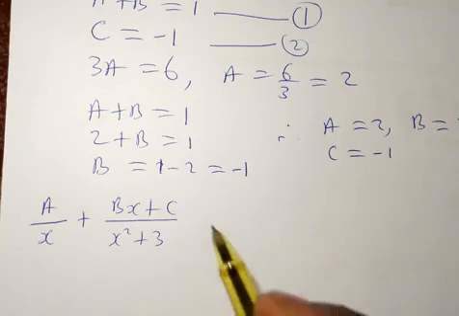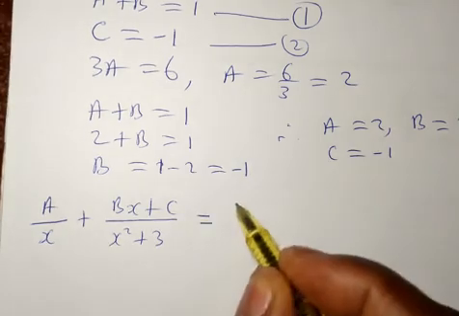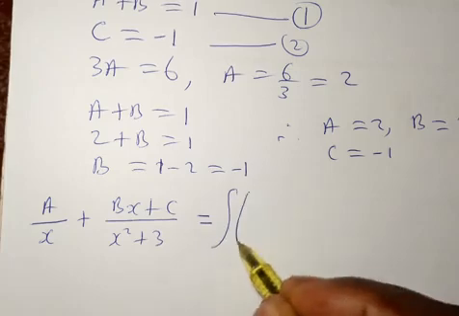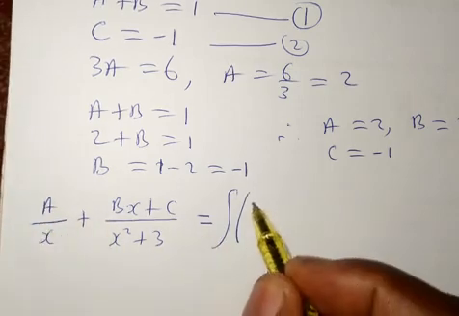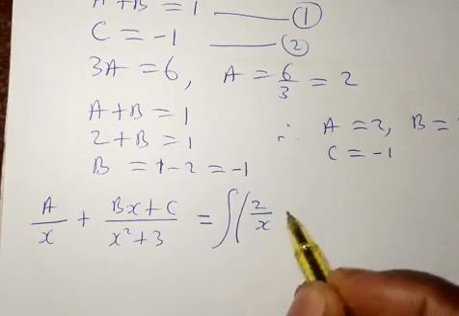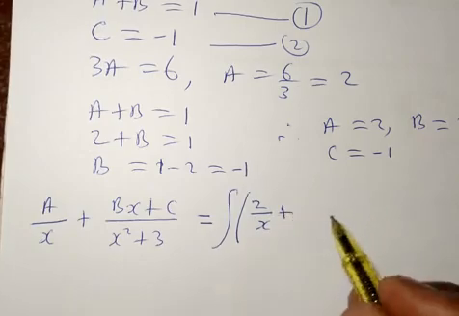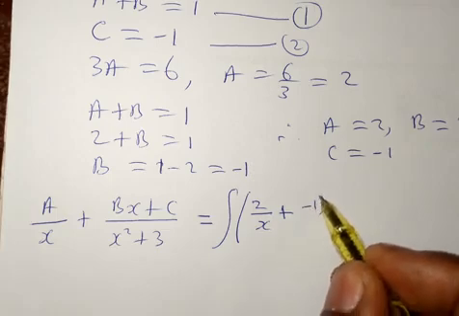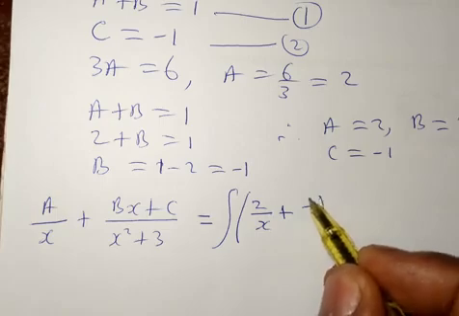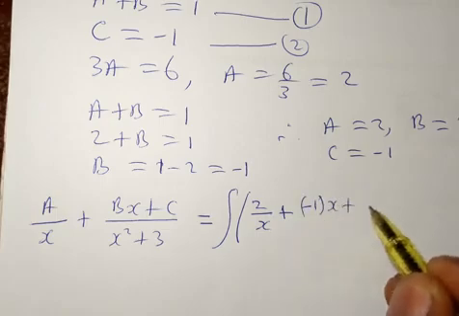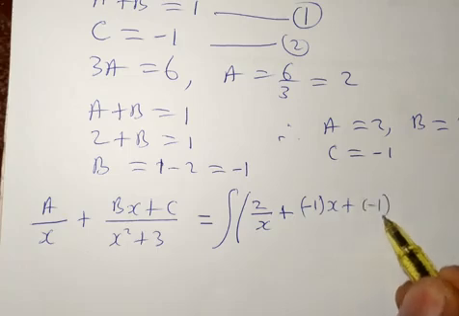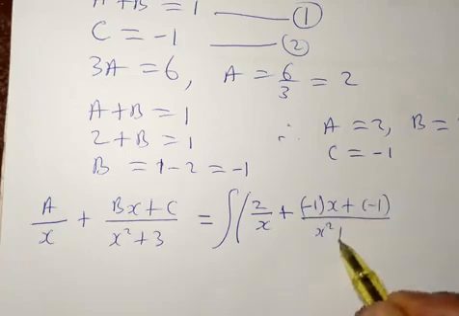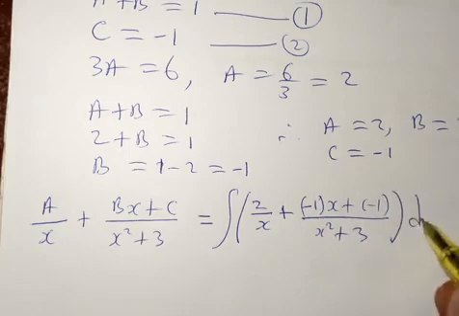Now to do this one, this will be equal to the integral of (2 over x, then plus we have B is minus 1, so this will be minus 1.